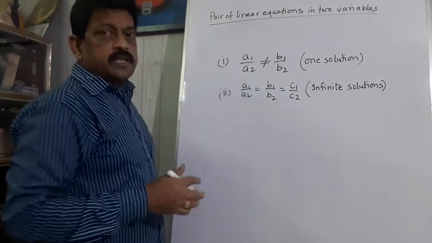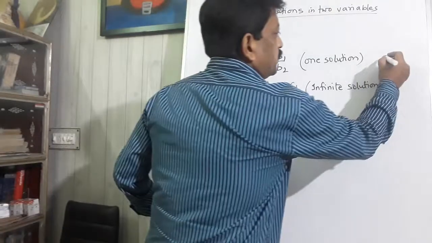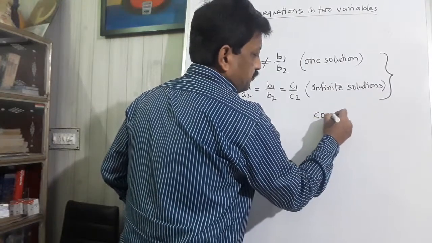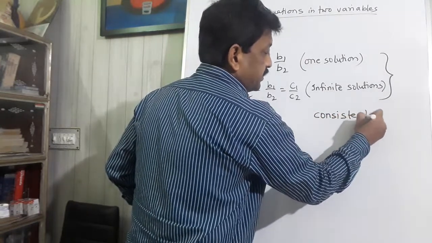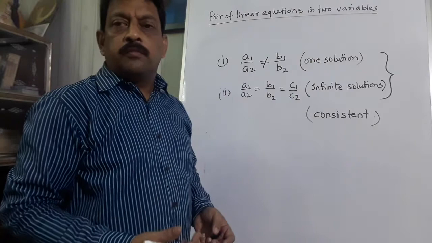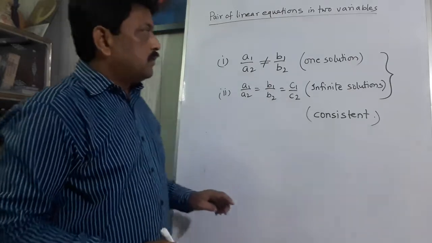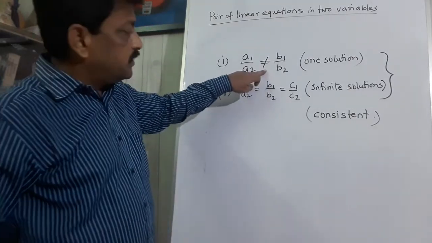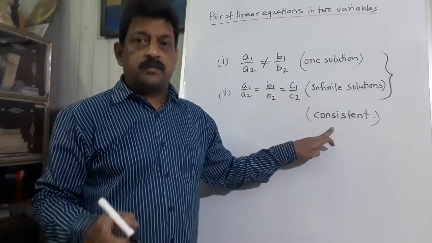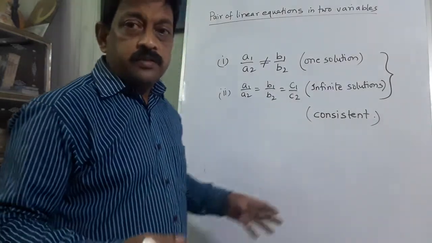Since these two cases have solutions, this one having one solution and this one having infinite solutions, these two cases are known as consistent cases. Means here the equations are consistent. Consistent means they have solution, either one solution or many solutions, but they have solution. That is why the equations are known as consistent. The lines are intersecting, the lines are coincident, and the equations are consistent. Consistent, that is it has solution, it consists solutions.